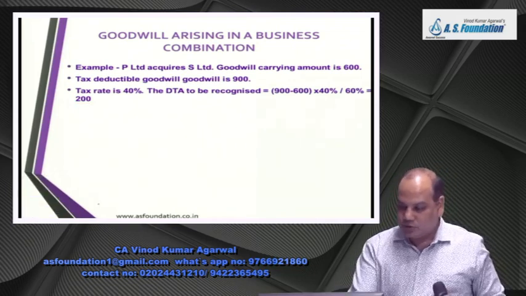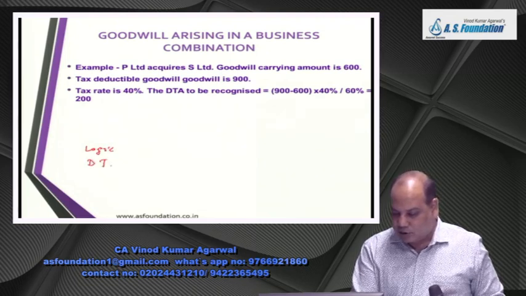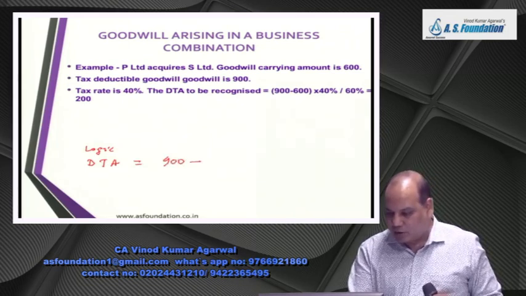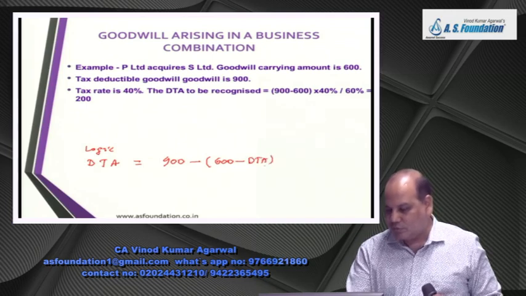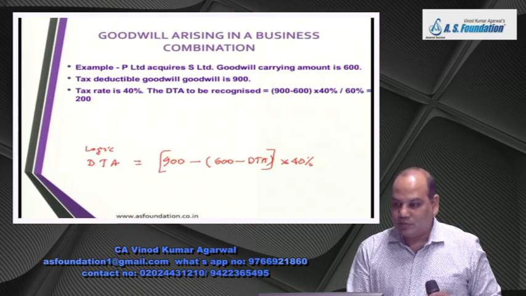Suppose you forget this, there is a reason, logic for this. The DTA that you will recognize should be equal to 900 minus goodwill. After recognizing DTA, the goodwill will be 600 minus DTA, total difference minus DTA, and that should be multiplied by 40%.